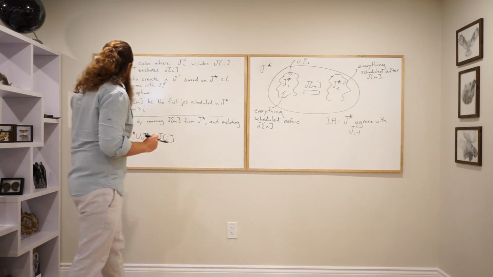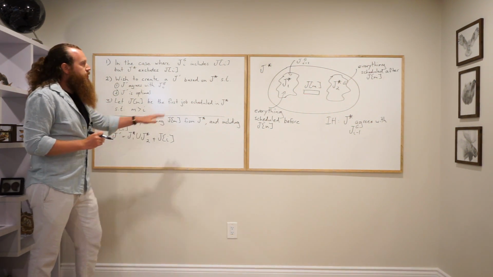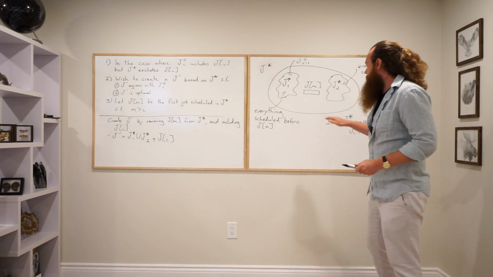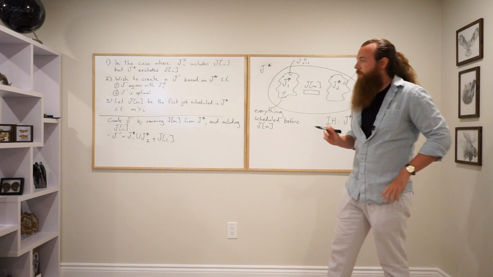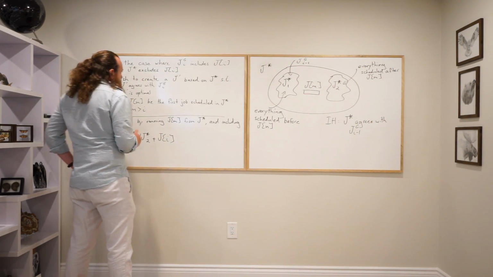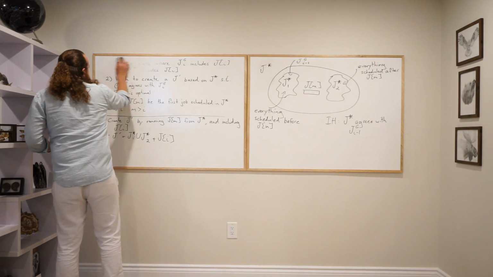Well, look, all those jobs are in J star. And if a job before Ji was excluded by the greedy algorithm, it's also excluded by J star. So we can conclude, and I'm running out of space here, you'll have to forgive me, I'm going to erase this one.